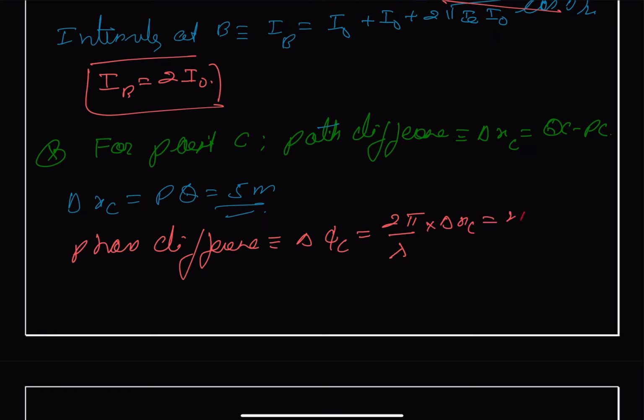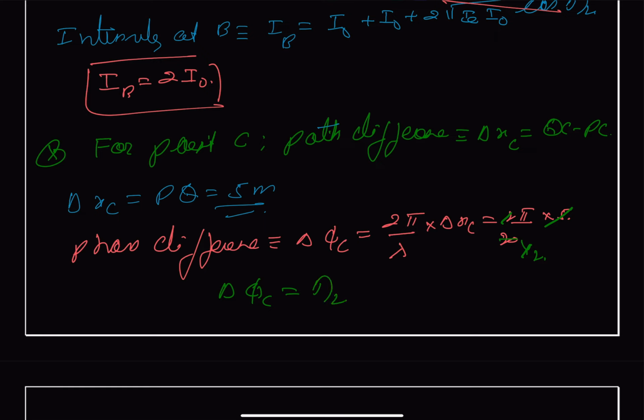So this comes 2 pi upon lambda, which is 20, multiplied by 5. So this 5 goes by 4 and this 4 goes by 2. So we get our delta phi C is equal to pi by 2.